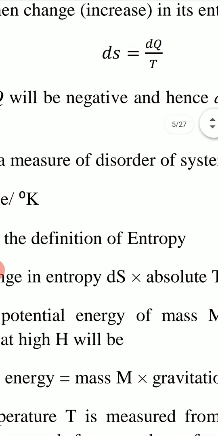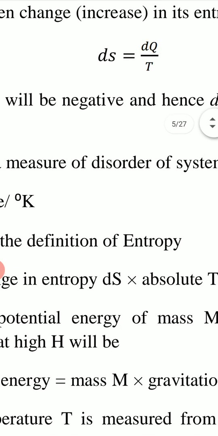If heat is absorbed by the system, then its entropy increases. If heat is absorbed by the system, dq is positive, so ds is positive and its entropy increases.